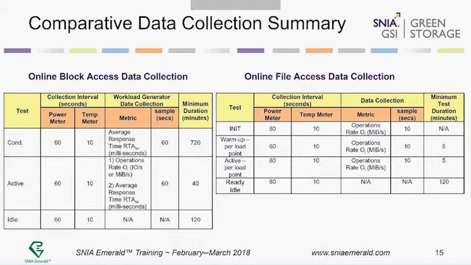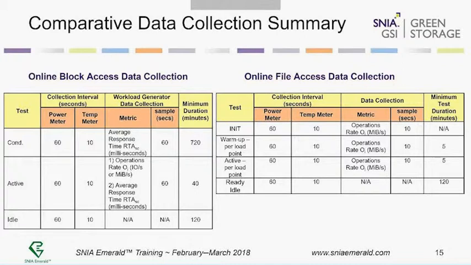Again, in the vein of what's being tested, here are the data collection summaries that we have for the block and the file access workload environments. Conditioning test, the active test, and the idle test on the block side. And here we have an initialization that's actually done on the file access side, a warm-up period, and an active per load measurement.